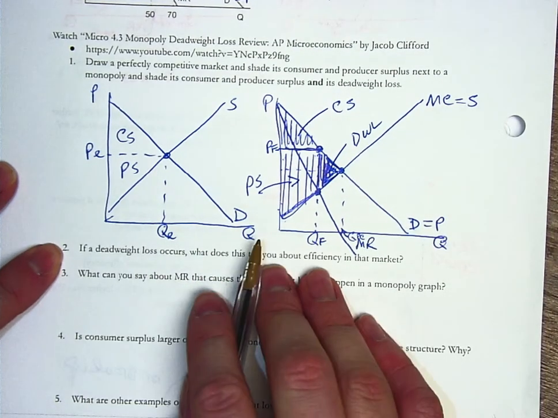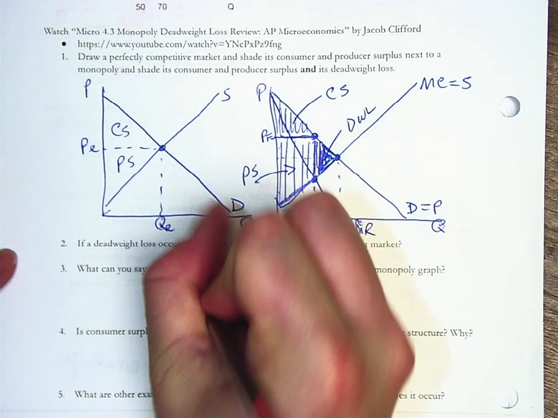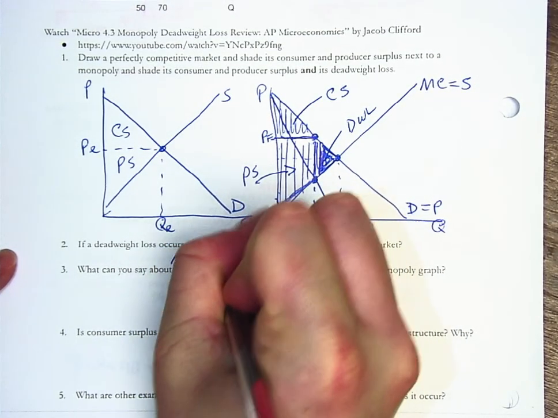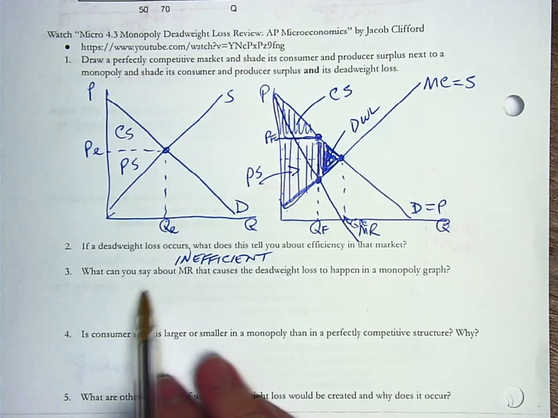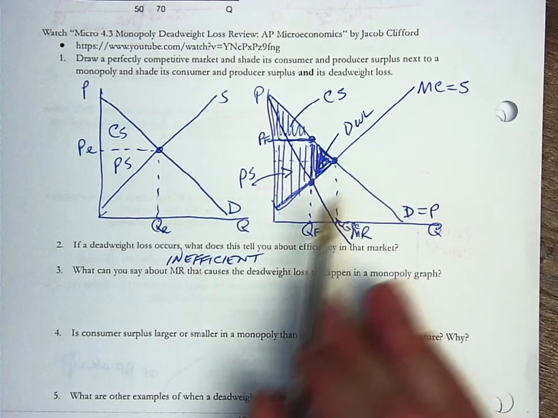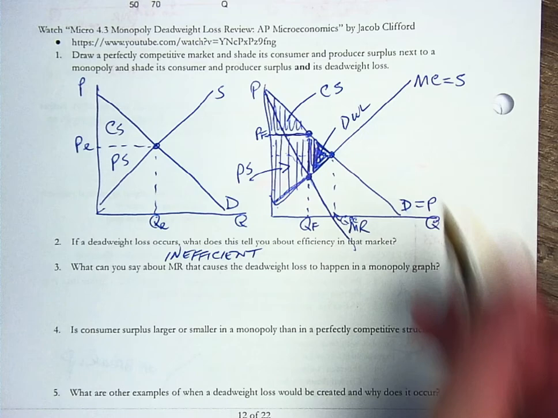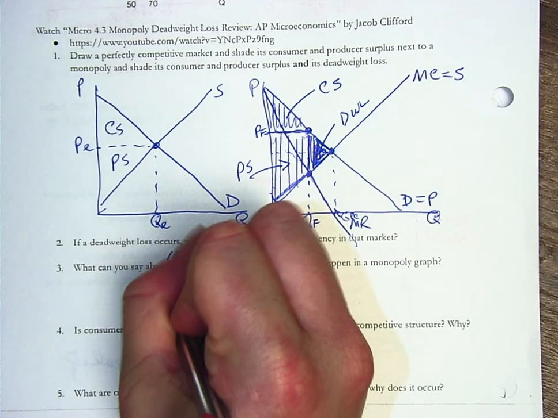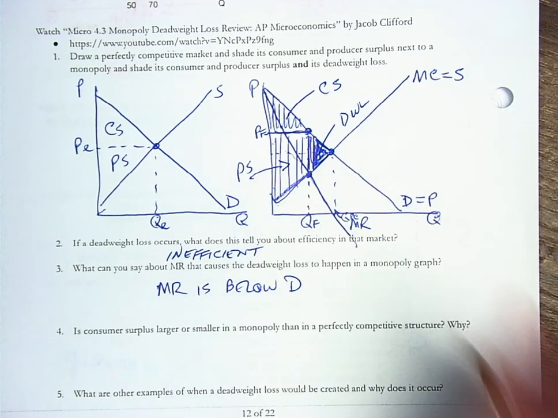Question 2, if deadweight loss occurs, what can we tell about the efficiency in the market? Well, we know that the market is inefficient. It's actually allocatively inefficient. Question 3, what can we say about MR that causes this to happen? Well, it's because MR is below the demand curve. MR is below the demand.